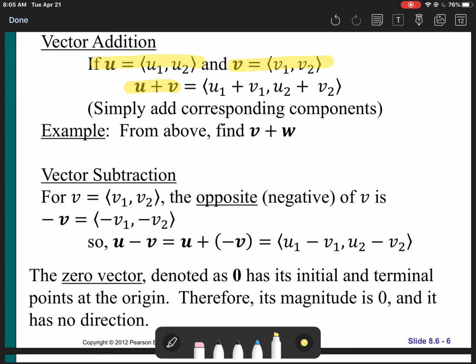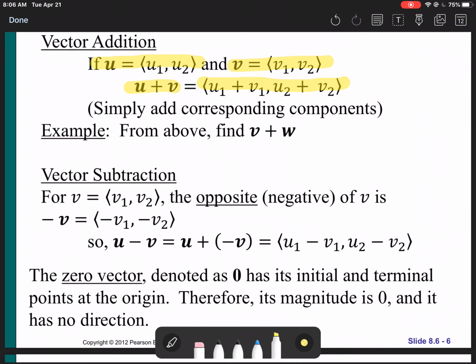Notice I can get the components of the resultant vector by simply adding the corresponding components of our 2 vectors, right? So vector u plus v has a horizontal component of u1 plus v1 and a vertical component of u2 plus v2. So again, it's fairly straightforward. I'm just adding the corresponding components.